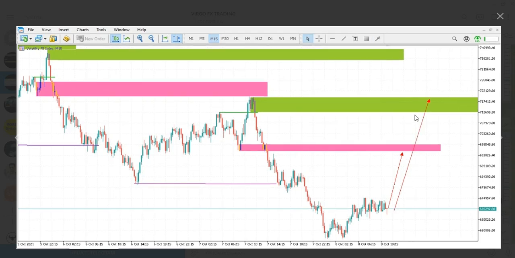and then we have another order block which is not mitigated yet, but we all know by now that whenever we have a macro structure and a micro structure, price is likely to respect the order block in the micro structure.